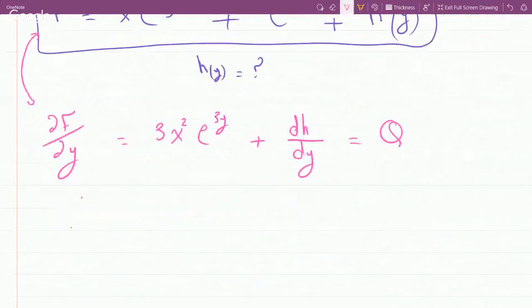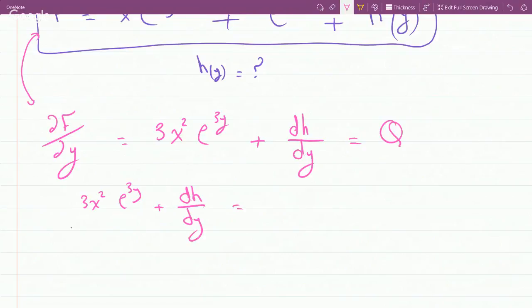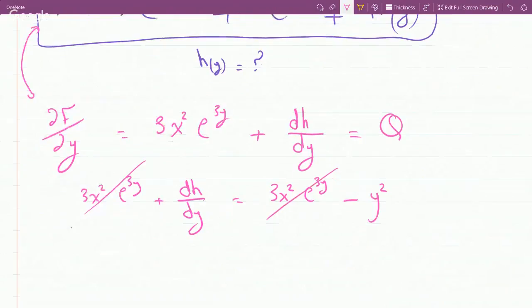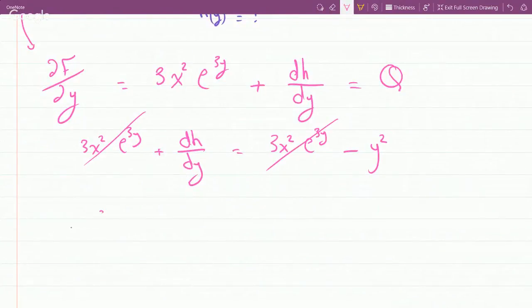So that means 3x squared e to the 3y plus dh over dy is equal to Q, which is 3x squared e to the 3y minus y squared. These two guys cancel out, and we have dh over dy equal to minus y squared.